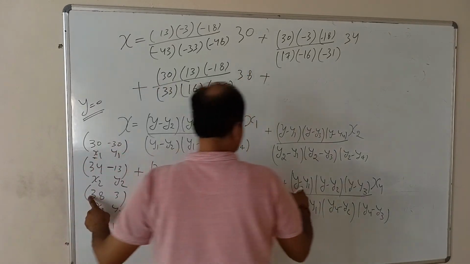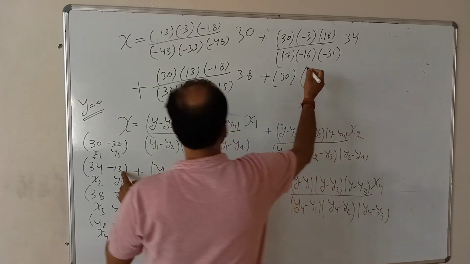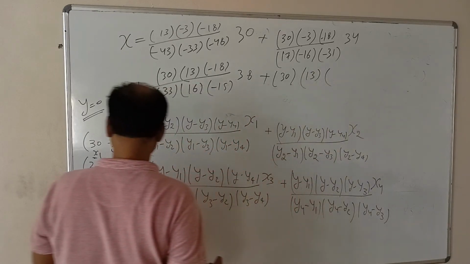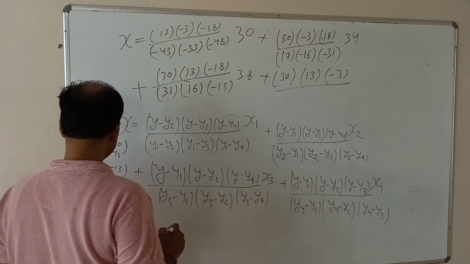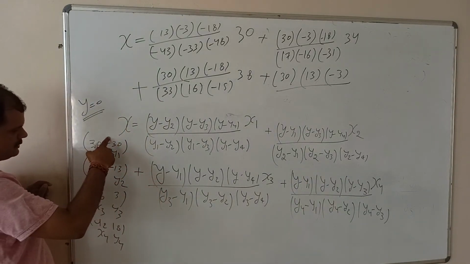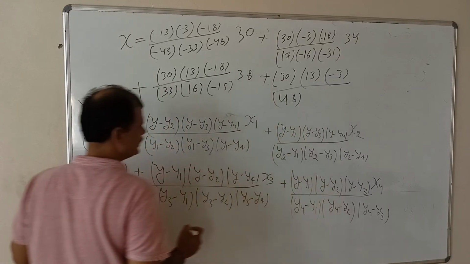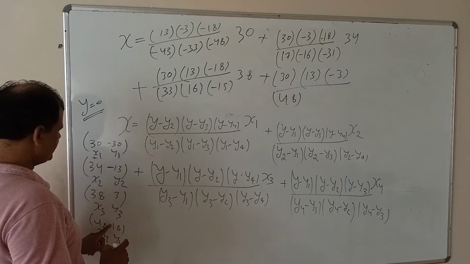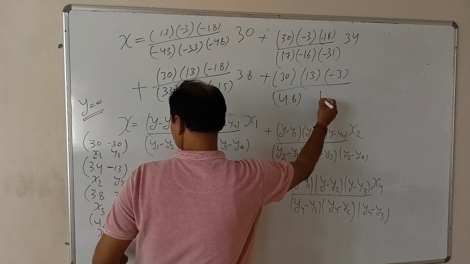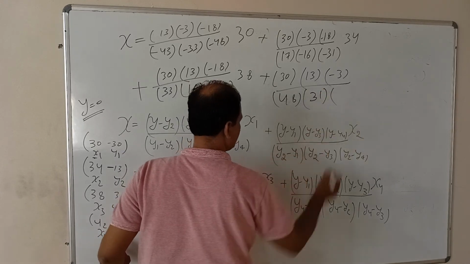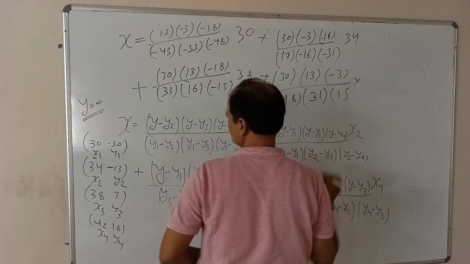Plus y minus y1 is 30, y minus y2 means minus 13, y minus y3 means minus 3, divided by y4 minus y1, so 18 plus 30, so we get 48, y4 minus y2, so 18 minus 13, so we get 5, and y4 minus y3, so 18 minus 3, 15, into x4, 42.